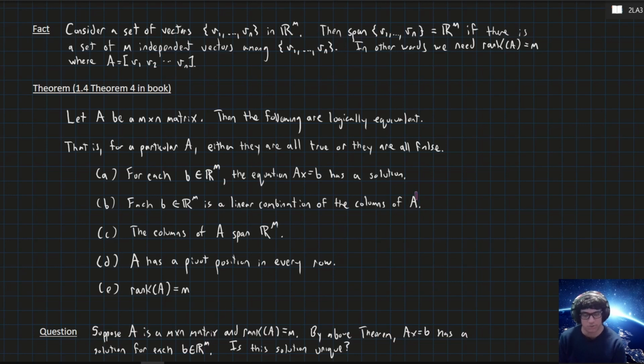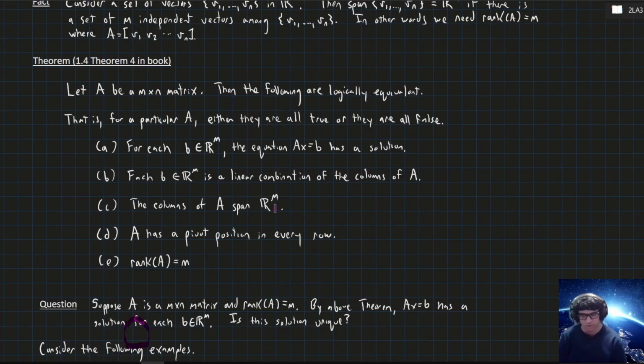So now we can ask, which case are we in? Are we in the case of a unique solution, or are we in the case of infinitely many solutions? And what property of A determines which case we're in?